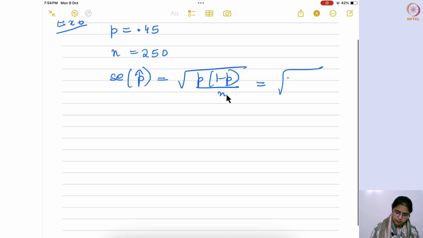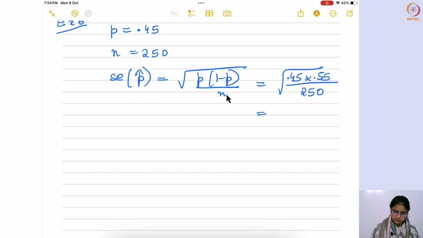Which is basically 0.45 into 1 minus 0.45 divided by 250. So this comes out, if you solve it, to 0.0315.